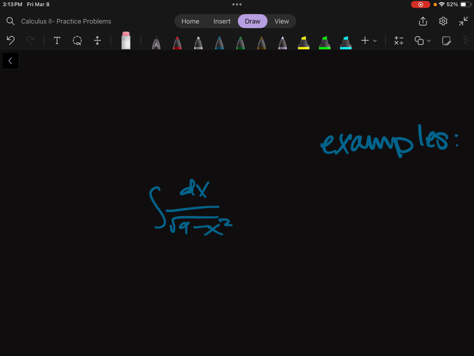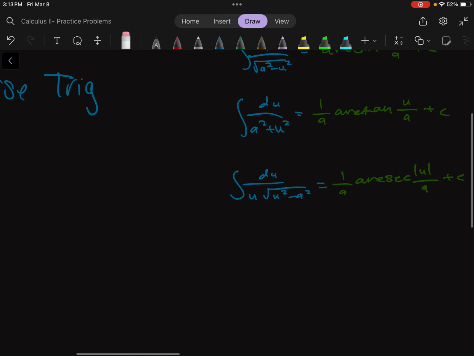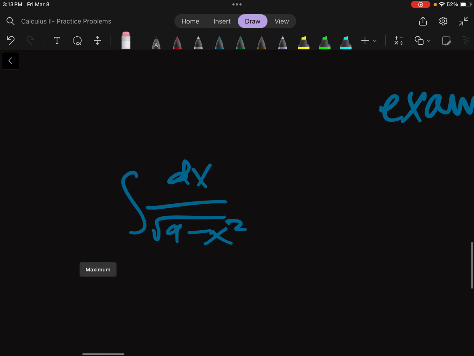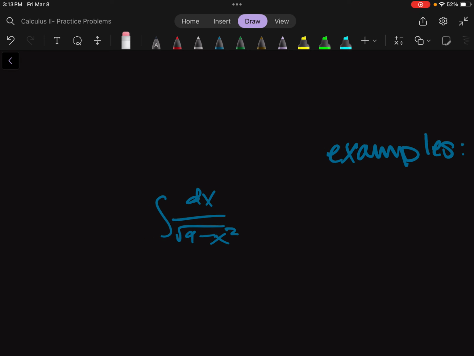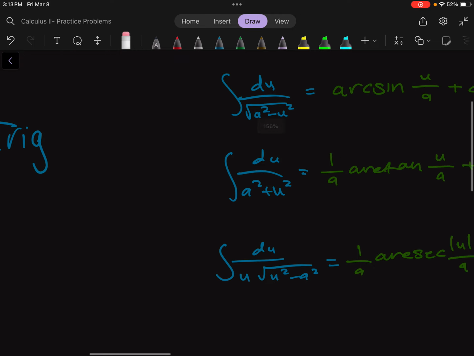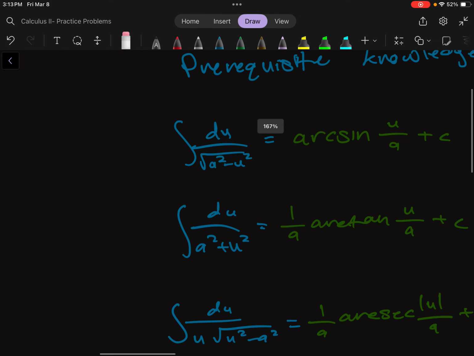So this one, we want it to get into the form of one of these three, right? What I see is a constant, and it's more specifically a constant squared. 9 is just 3 squared, and I see an x squared and a dx. So I'm just going to match it up to this top one right here, arcsin.